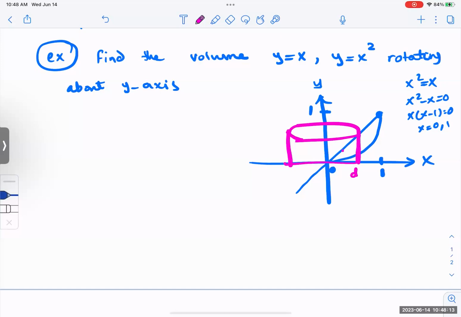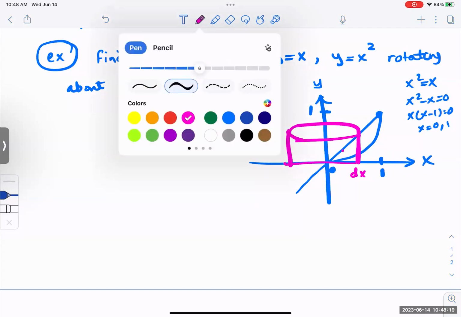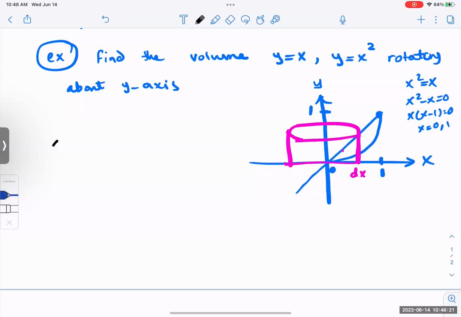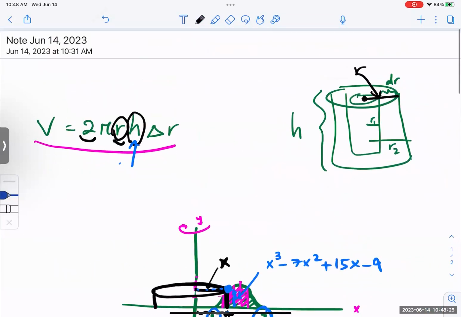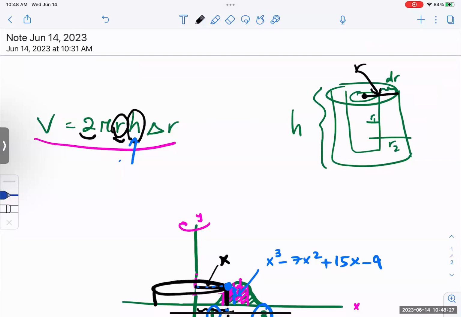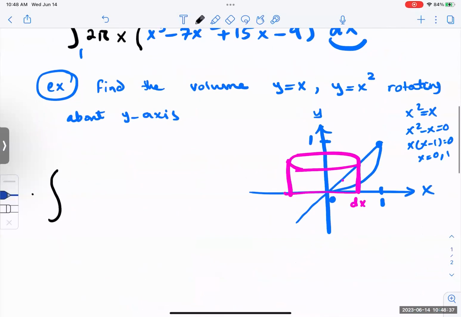This is dx because you are cutting the shell along the x-axis. So I'm going to write the integral. The formula was 2 pi r h dr. So dr is clear, that's dx in this case. 2 pi is clear because that's a constant. So far I have these two things.